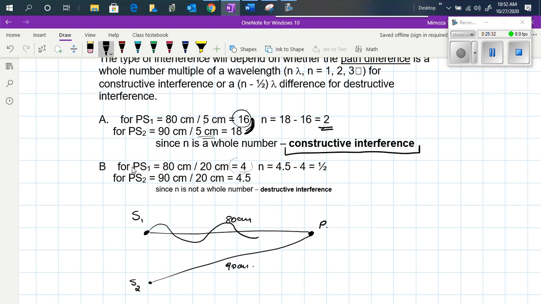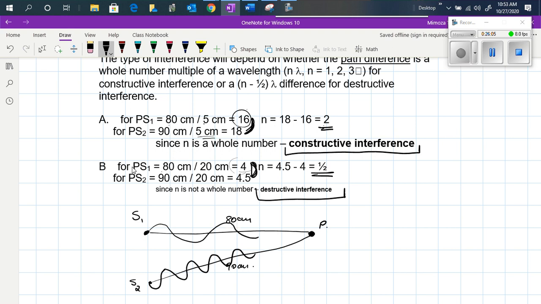And the second wave completes 4.5, so it has a half cycle completed and 4 more when they meet at this point. The difference between those two is a half wavelength. That means what will happen is a destructive interference.